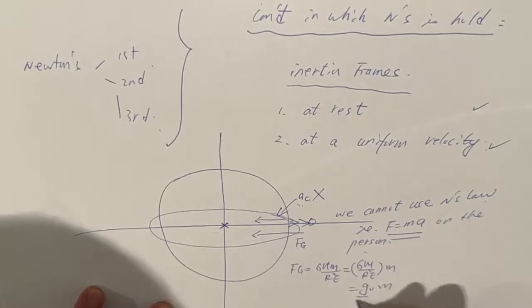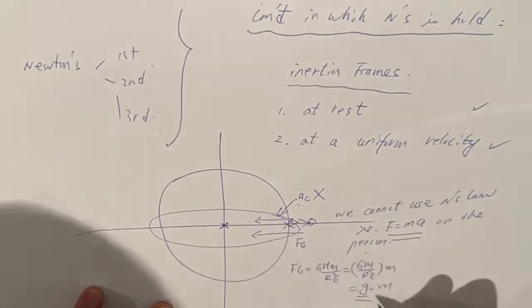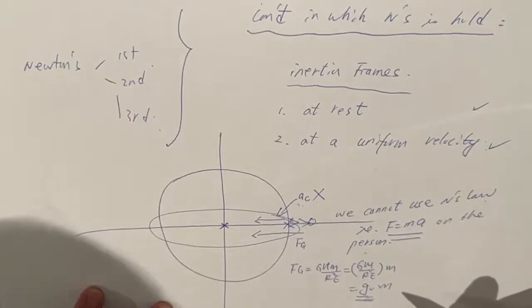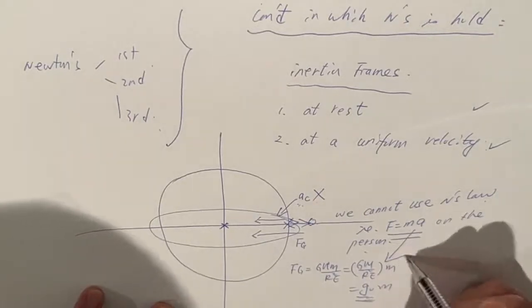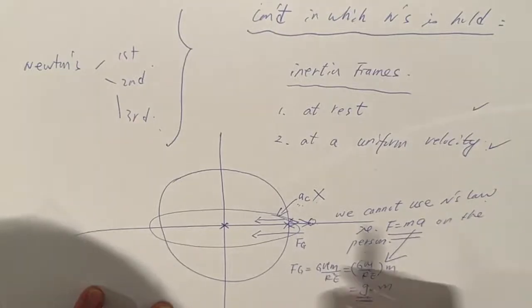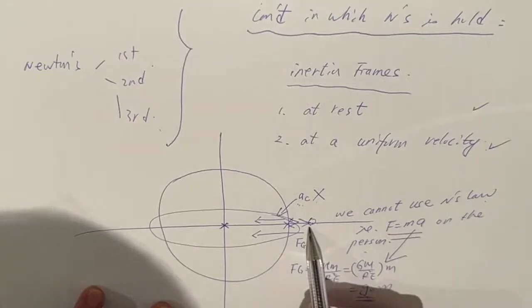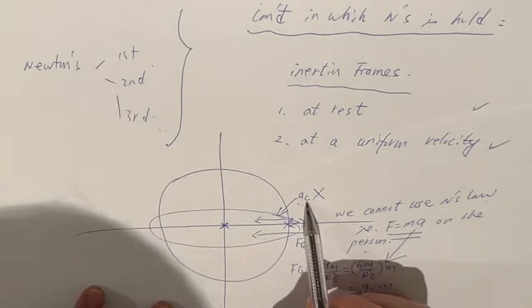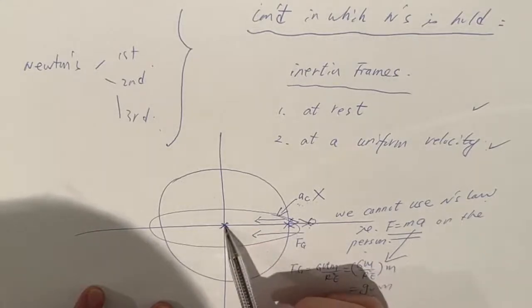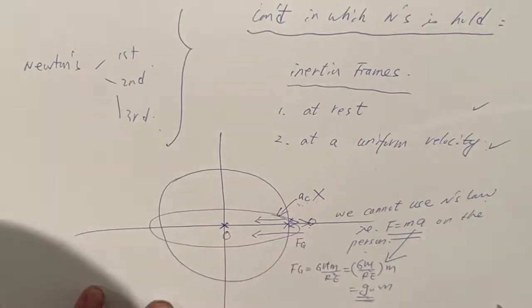And we think that the gravity at the equator is also equal to g_0. Why? Because we apply F equal to ma to this person, regardless of there being a centripetal acceleration towards the center of the Earth.